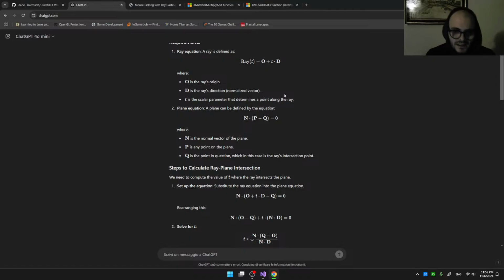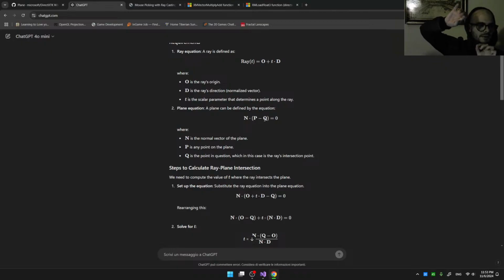And the idea is that, given a point, the vector that points from your point on the plane to that point and the normal must be perpendicular.